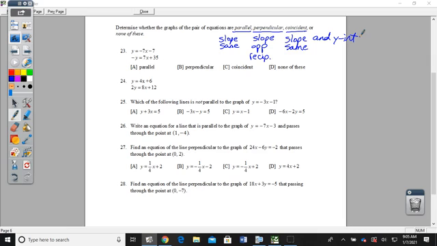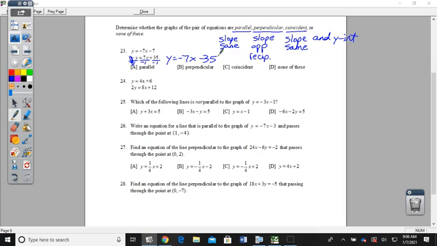So, 23. Would those be parallel, perpendicular, coincident, or none of these? Well, I need to make it positive. Divide by negative, right? That'll cancel. So this is y equals negative 7x minus 35. Now I compare them. Do they have the same slope? Yes, so they're parallel if they don't have the same y-intercept.